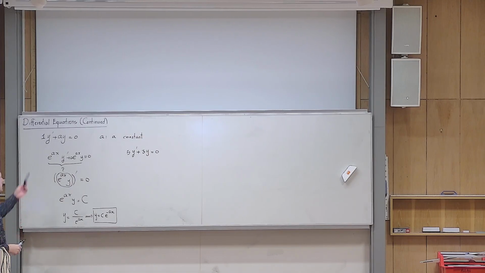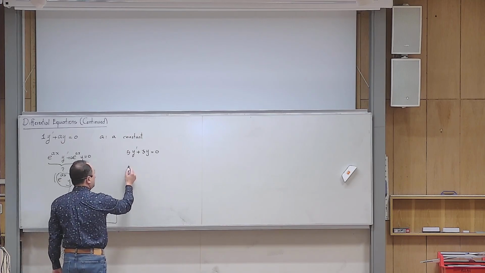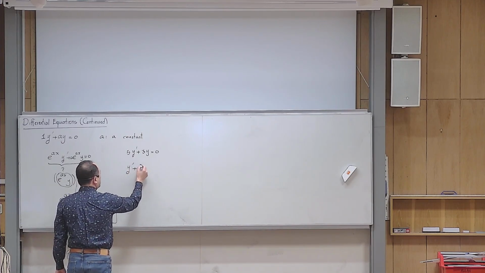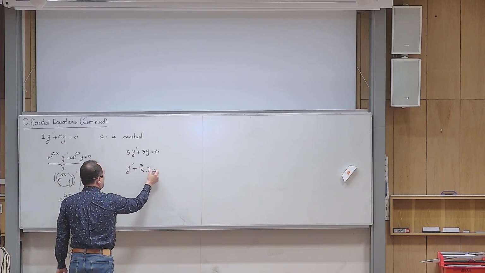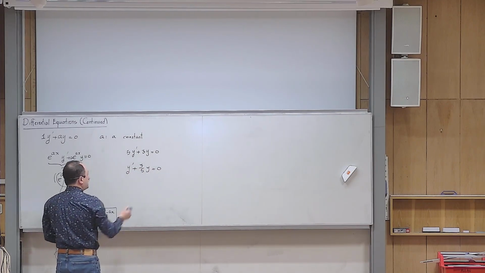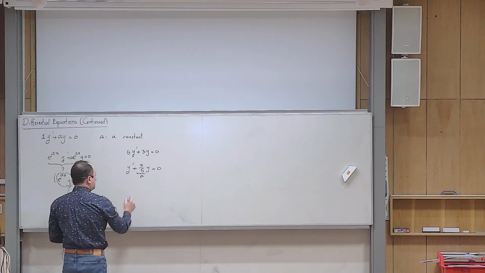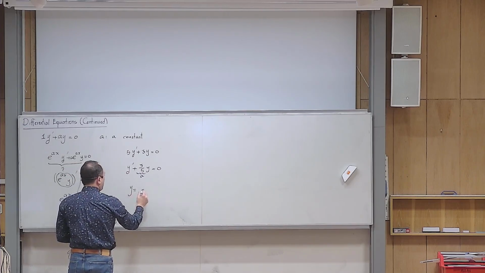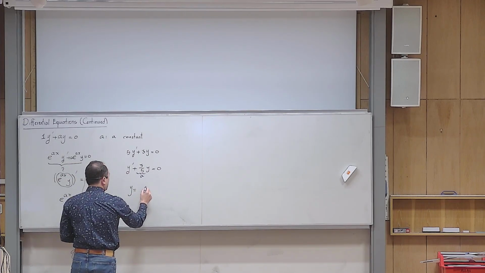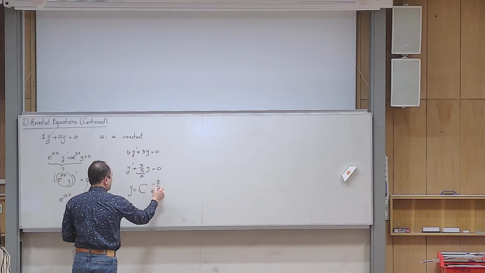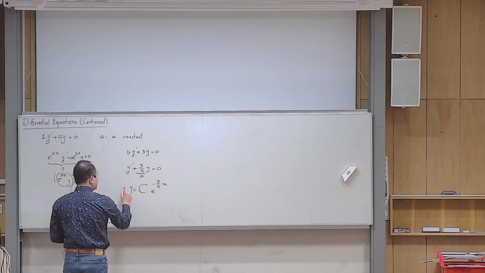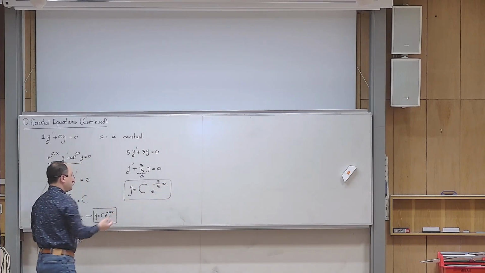If that constant is not 1, that's a very simple thing to do: we just divide by 5. So it becomes y prime plus 3 over 5 y equals 0. Now this is playing the role of your a. So the general solution to this equation is y equals c e to the power of minus a, which is minus 3 over 5, times x. That's the general solution.